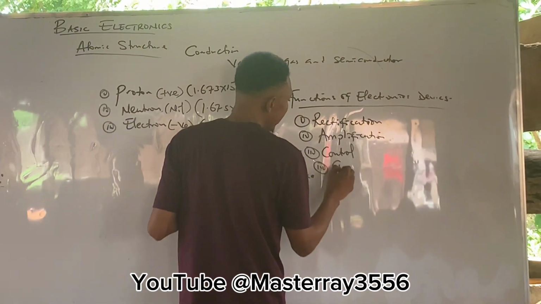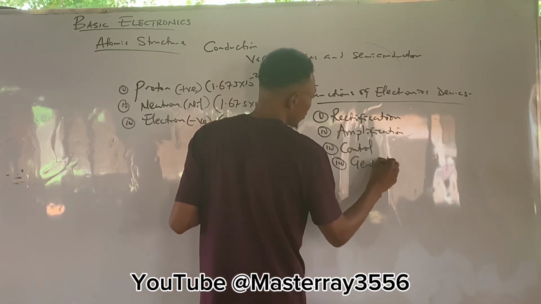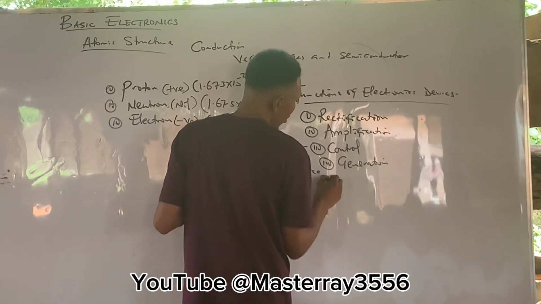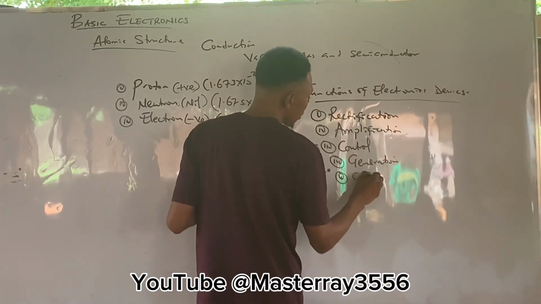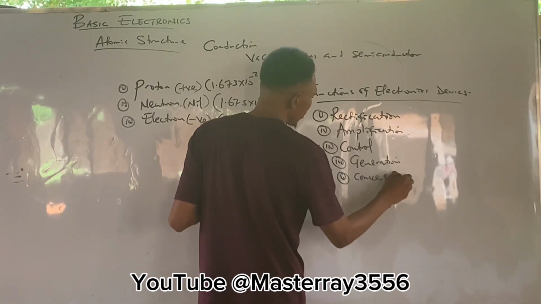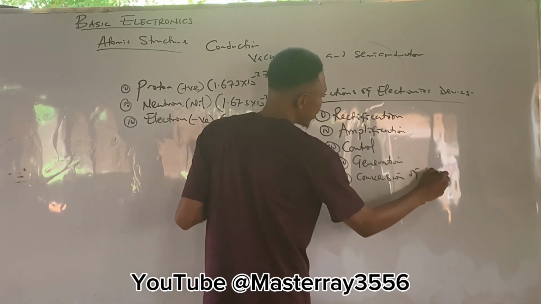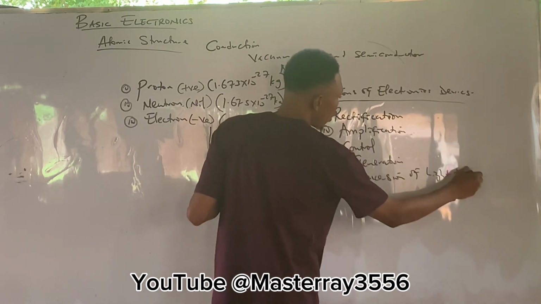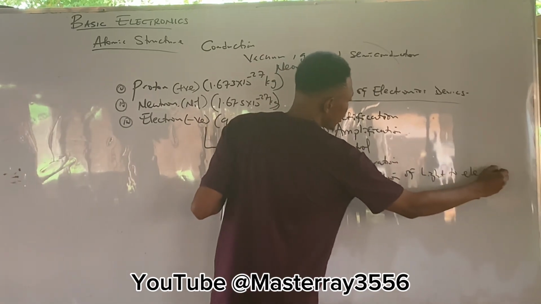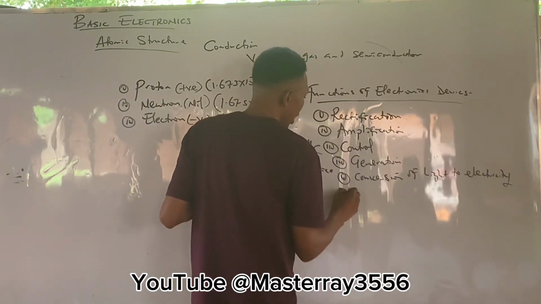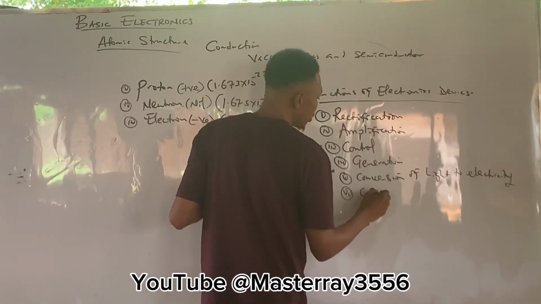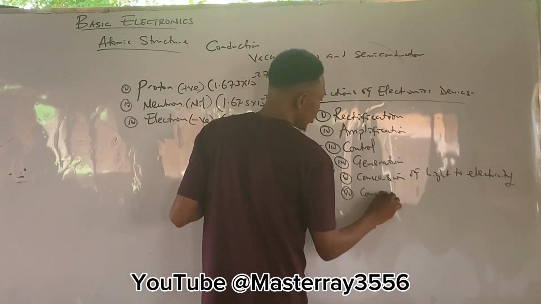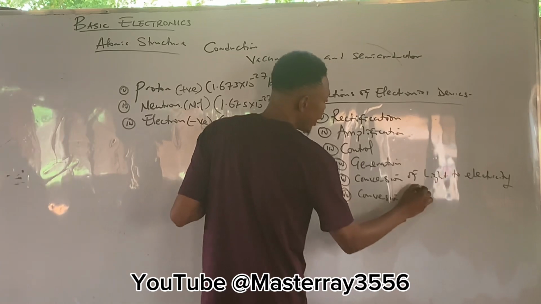Number four, we have generation. Number five, we have conversion. Conversion of light to what? Electricity. And then we have conversion of electricity.